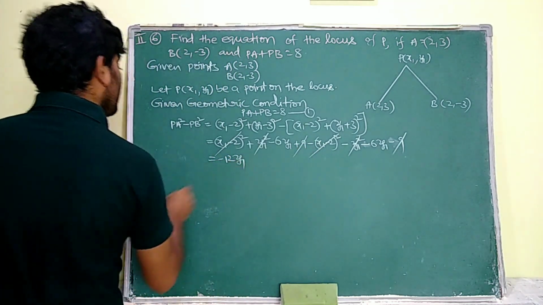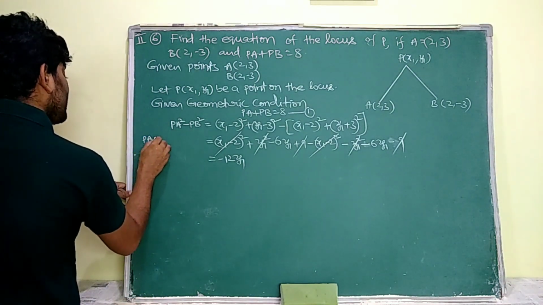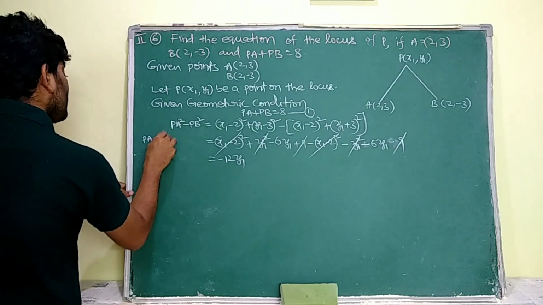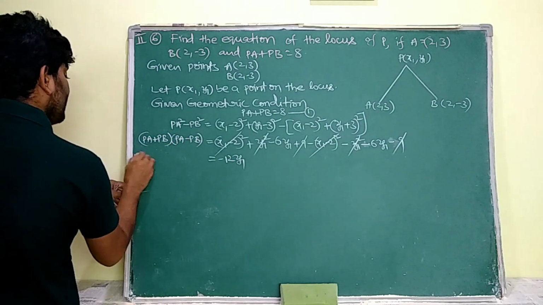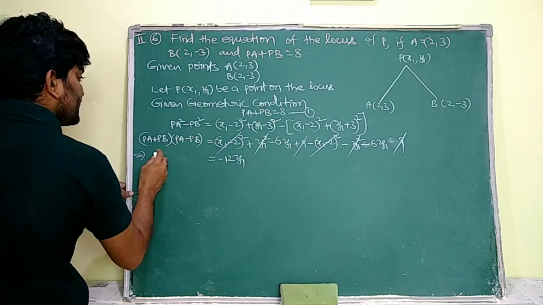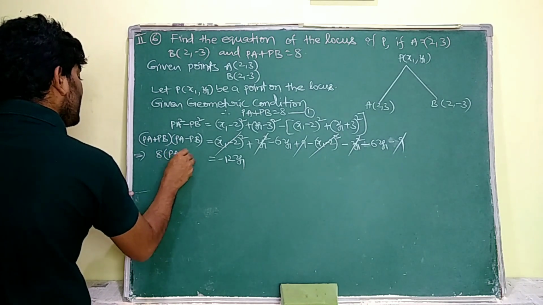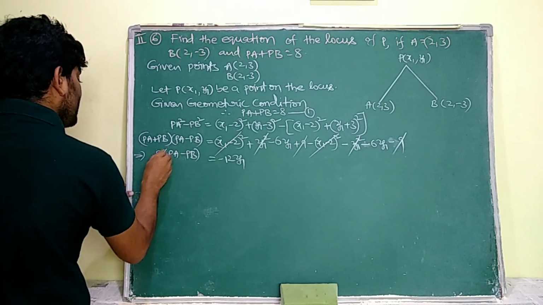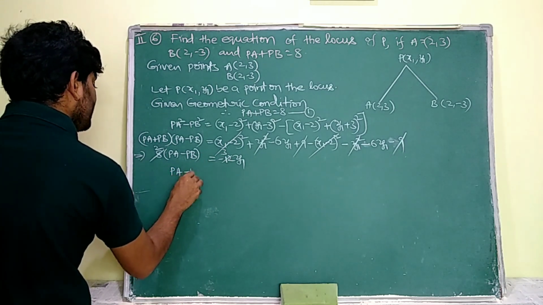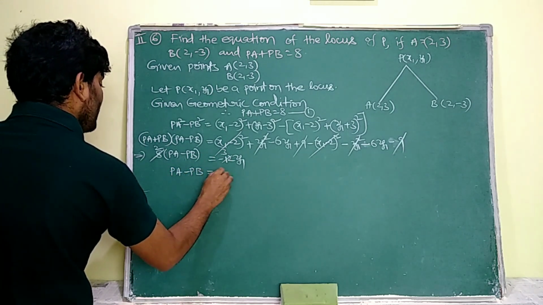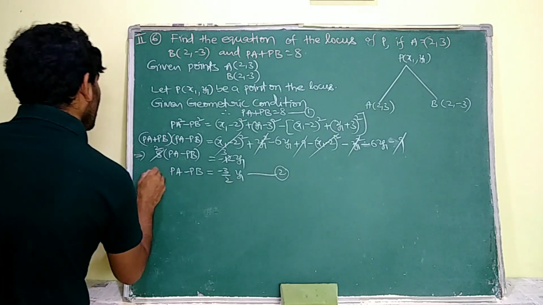Minus 12 y1 it is. PA square minus PB square means PA plus PB into PA minus PB. PA plus PB we know is 8. So 8 into PA minus PB is minus 12 y1. That implies 4 2s are 8, 4 3s are 12. So PA minus PB is equal to minus 3 by 2 y1. Let it be 2.